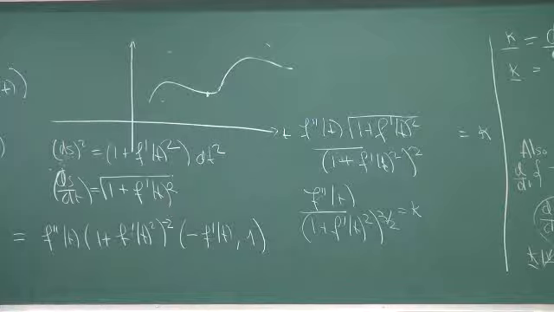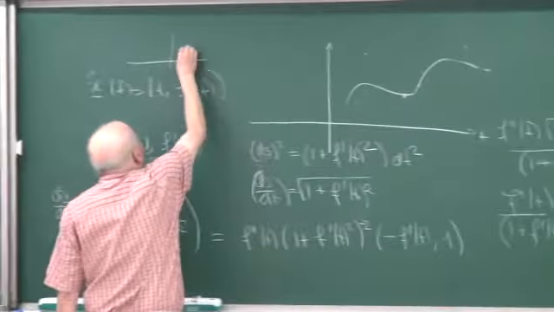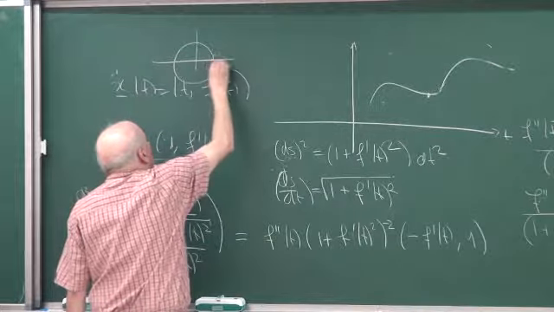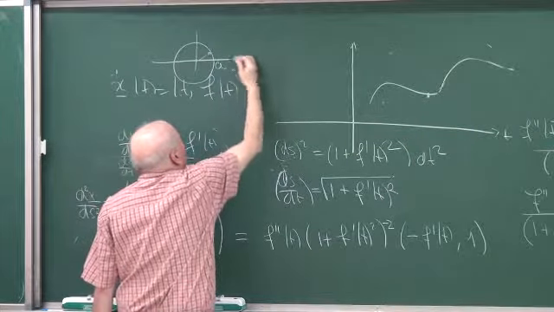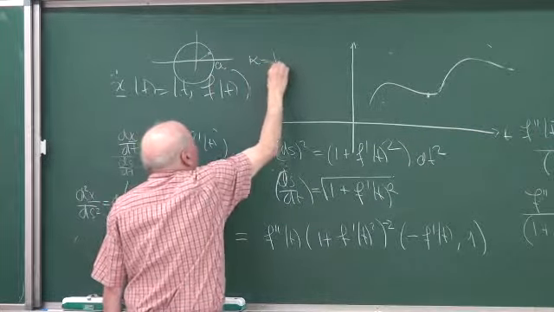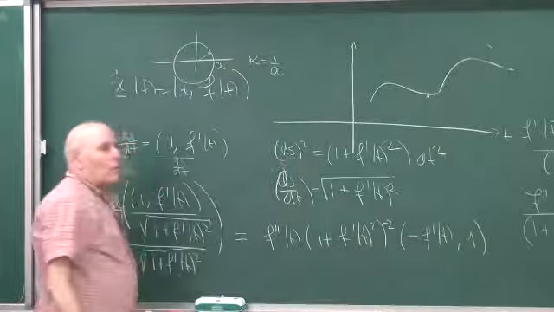Well, we know the curvature of a circle, it's an easy exercise, is 1 over the radius. So if we have a circle of radius a, the curvature is 1 over a.